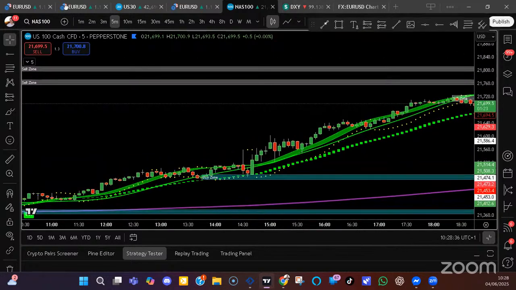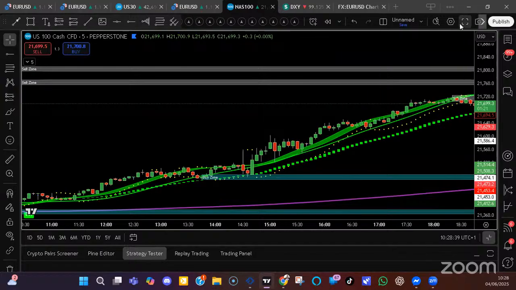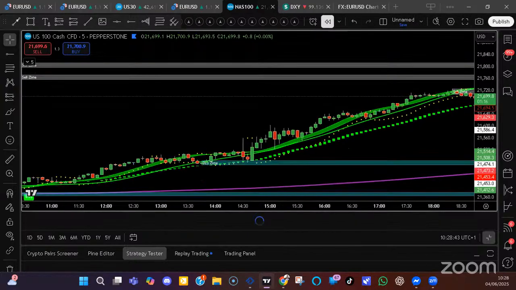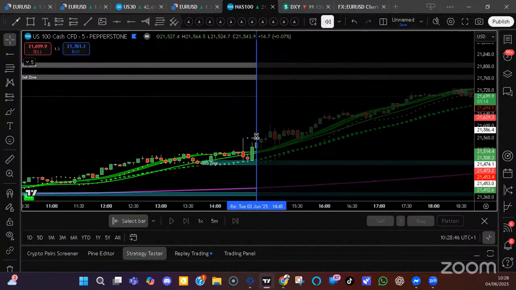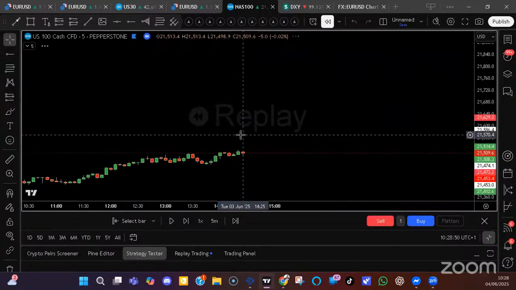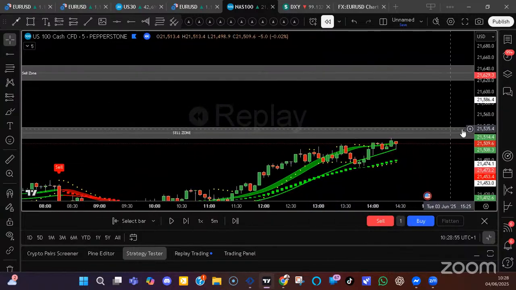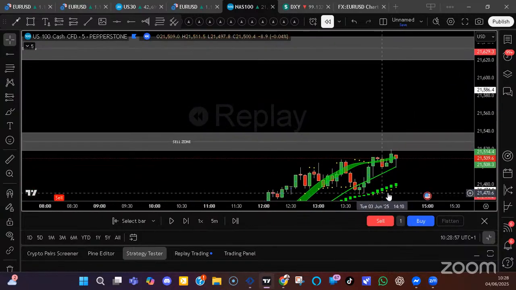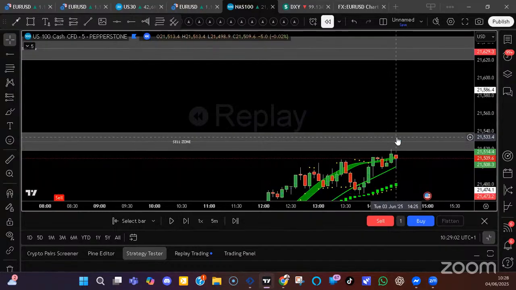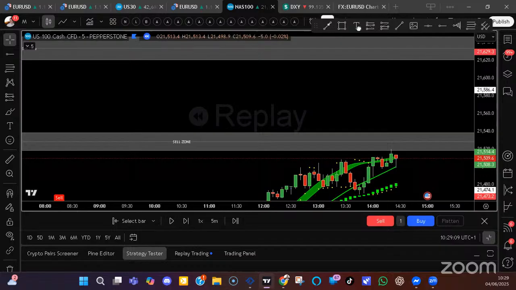So I get my time machine and go to 14:30. Now I know there's a sell zone there, so technically I'll be taking the next sell. But let's see what happens after 14:30.